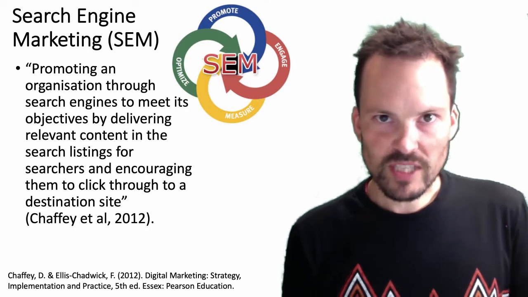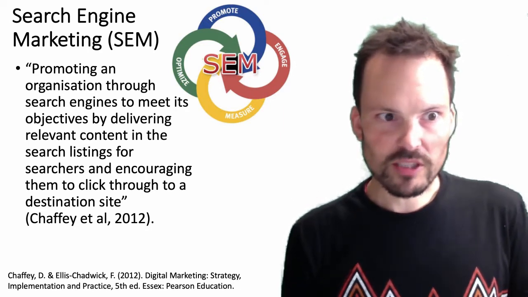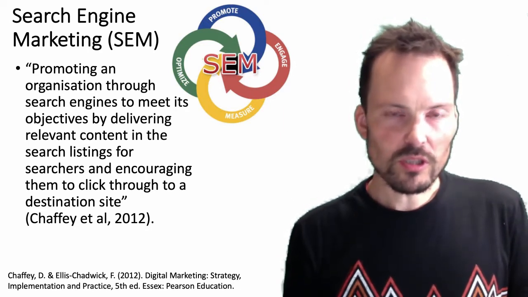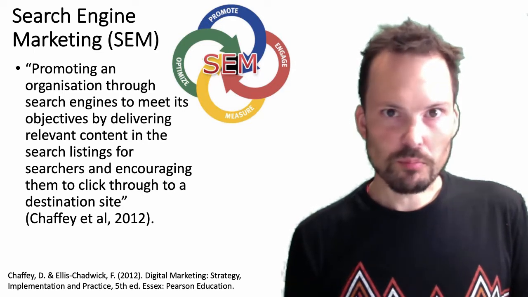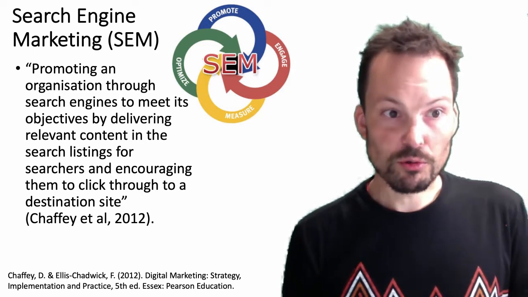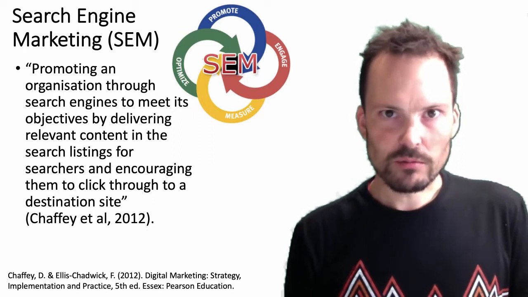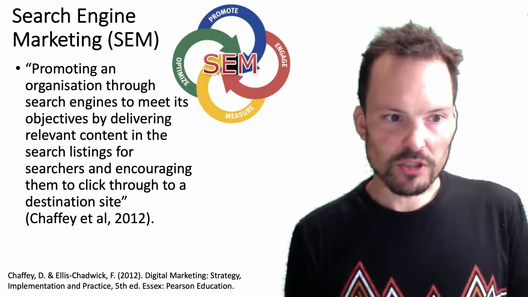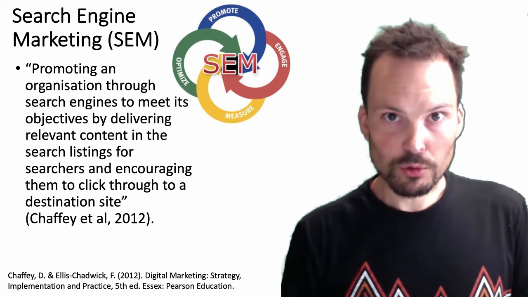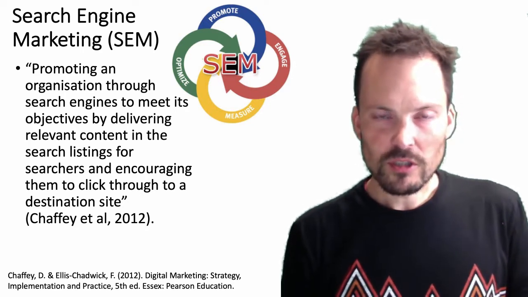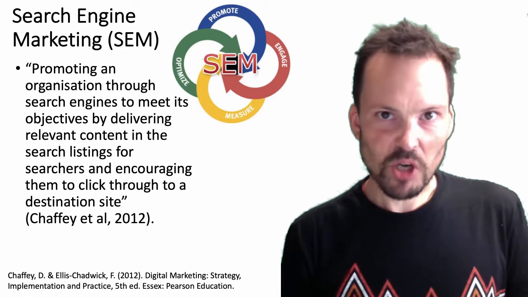So here's a definition of search engine marketing from David Chaffey's digital marketing textbook. As we can see, search engine marketing is about promoting your organizations through a search engine, or through Google, and it's about delivering relevant content and then encouraging people to click through to your website. So as I said initially, it's marketing with Google.